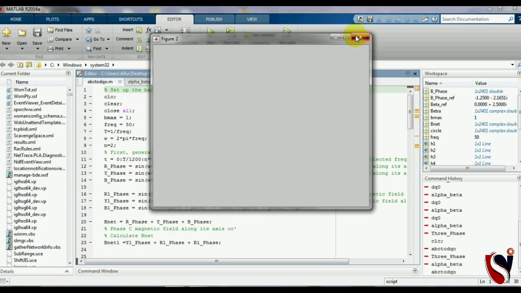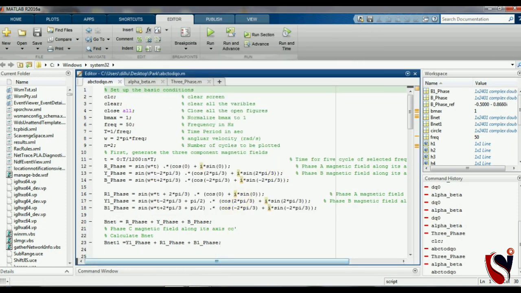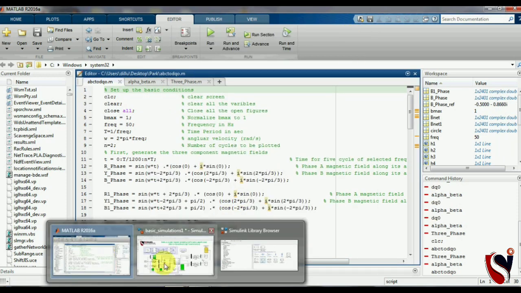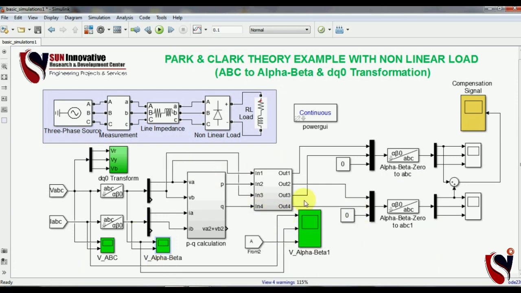So this is all operated on DC values. Let me show you the final block which is connected over here. This is the final one. This is coming from the dq transformation, and this is ABC alpha beta, those lines are connected over here. So let me show you this also.